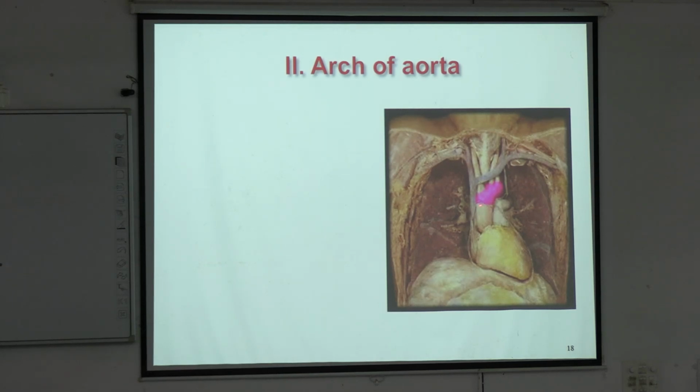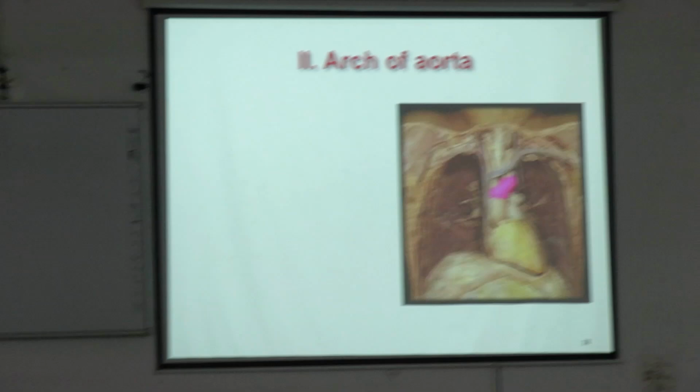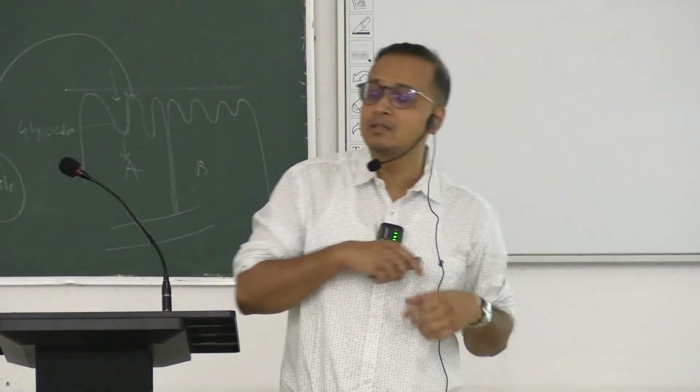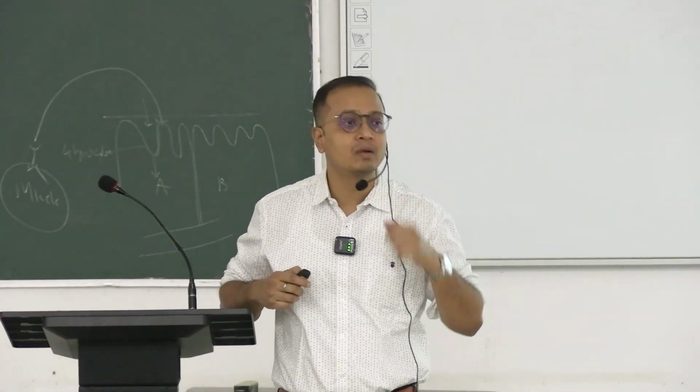It begins at the second costal cartilage, moves back and ends at the same level, the second costal cartilage. It begins on the right side, and moving back it is on the left side of the vertebra or the left side of the costal cartilage. You should be able to identify the costal cartilage on the right side and the left side. Why? This is your exam region where you start counting the ribs.